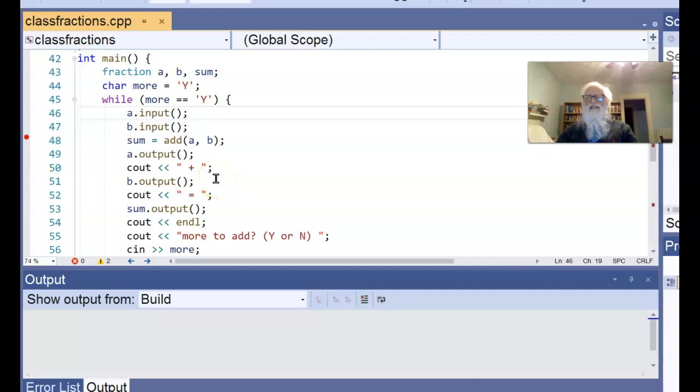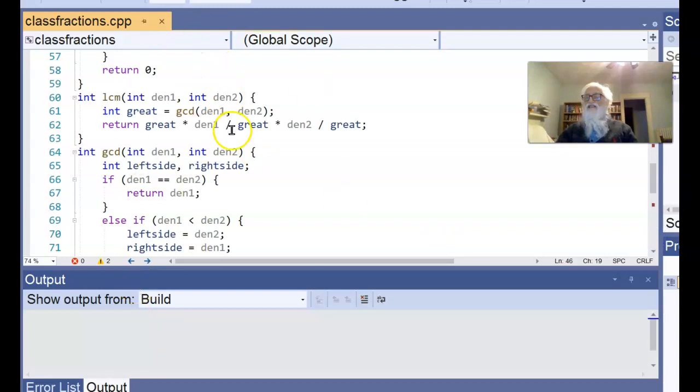I don't have to know a single item about common denominators, or how to figure out if they're in lowest order or anything like that. Those are hidden in the implementation of the addition. That's if I'm a user of the class. If I'm an implementer of the class, then I better know how to do these things, or find out how to do these things from somewhere so I can do them.